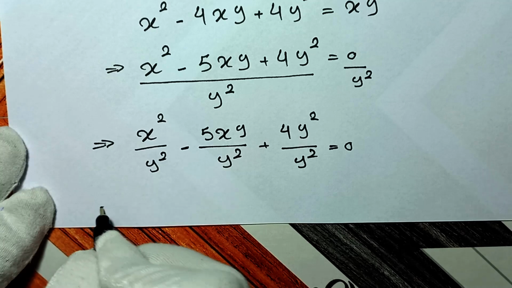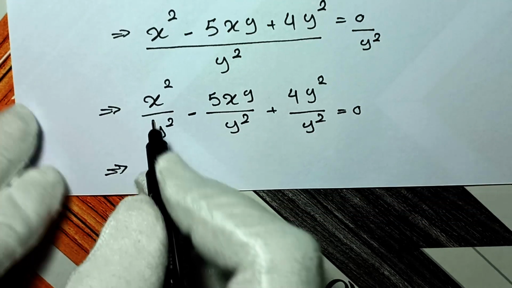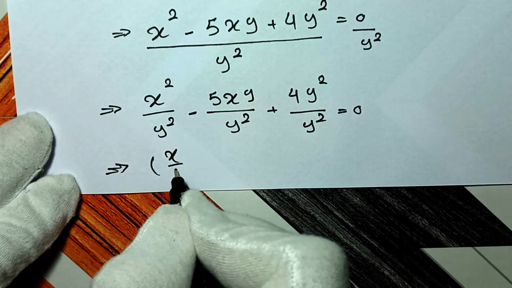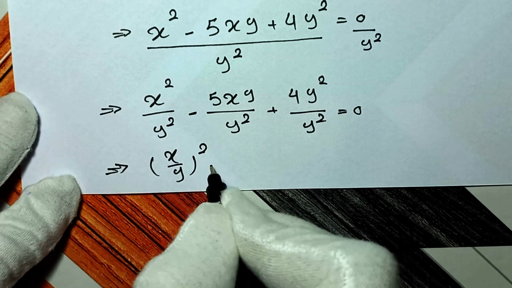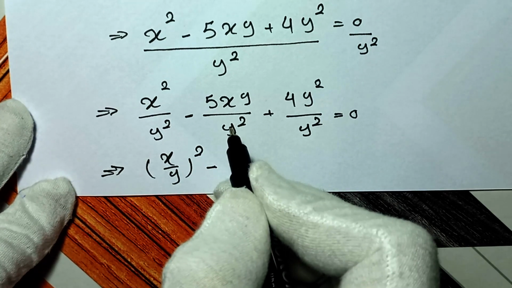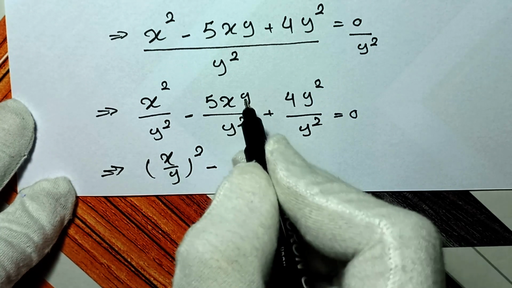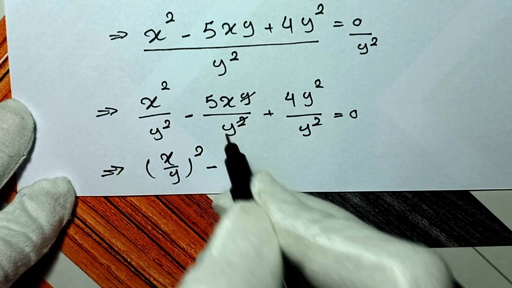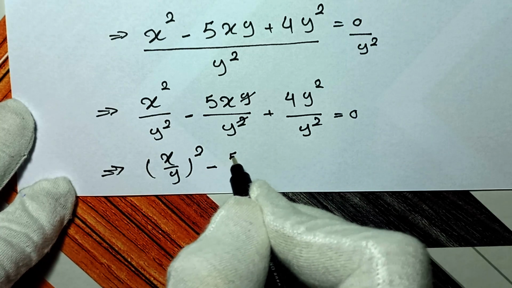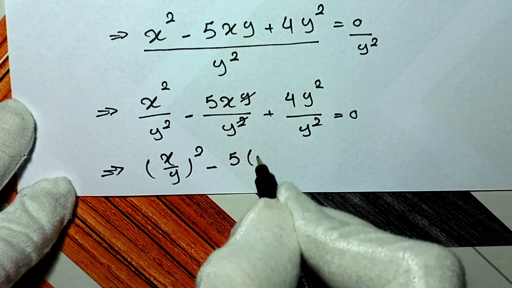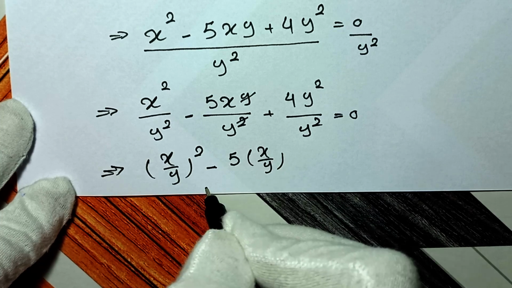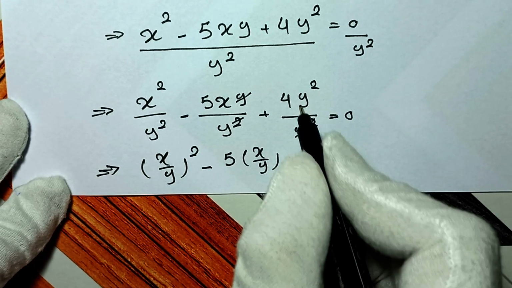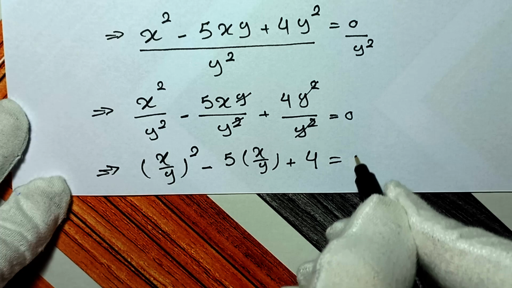And we can write this as (x over y) to the power of 2 minus 5 times x over y, right? Plus 4 is equal to 0.